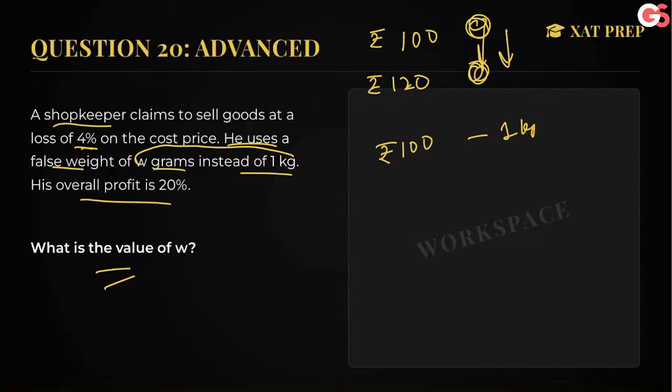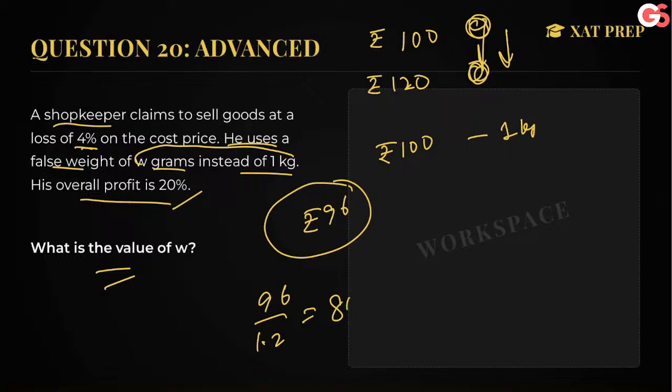ओवरऑल. राइट. What he is doing, he's claiming to sell it at 4% loss. That means he's claiming to sell it at rupees 96. That's what he's claiming, isn't it? Rupees 96. और इस 96 पे बेच रहा है, उस पे प्रॉफिट 20% का है. दैट मीन्स 96 अपॉन 1.2 इज 80. सो एक्चुअली ही इज गिविंग आउट the goods.